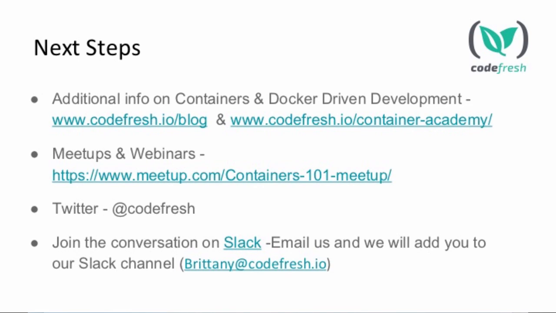And Swarm is the same thing. It's just using Docker for orchestration. So Codefresh YAML basically describes what to build and how to build it, what to run, how to run it. Like I said, a higher level of abstraction from the other options.